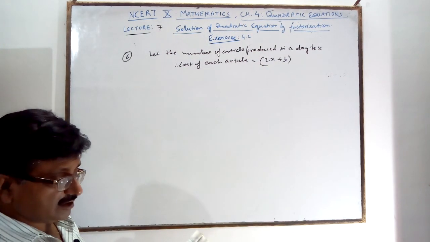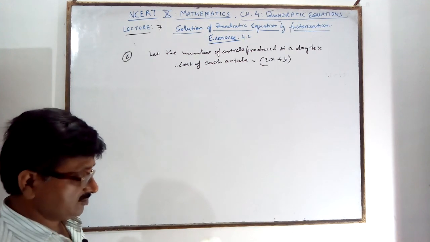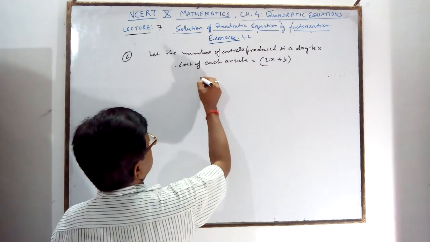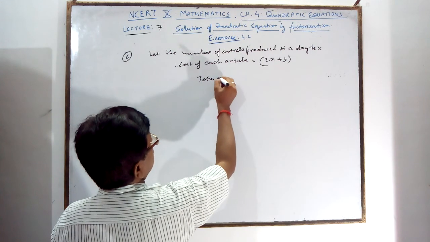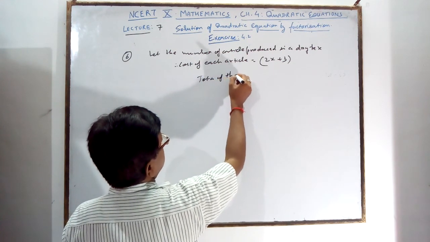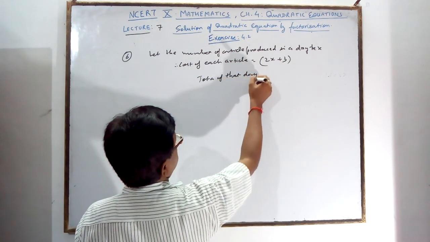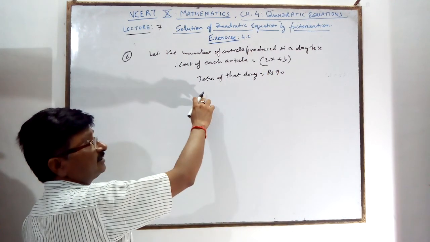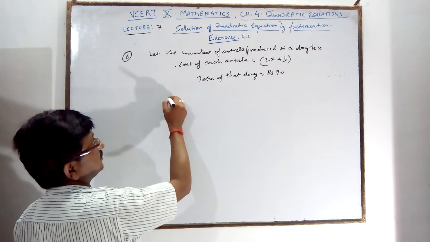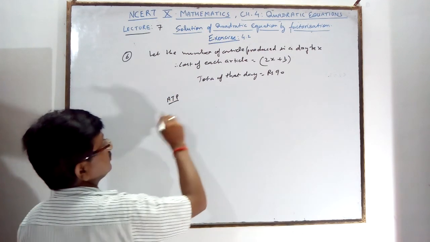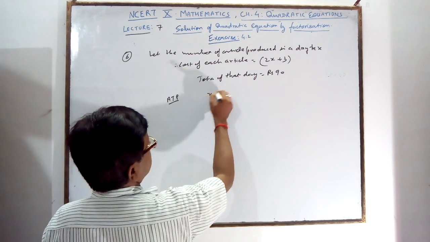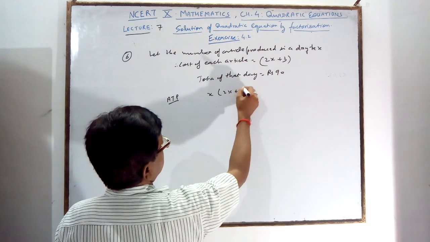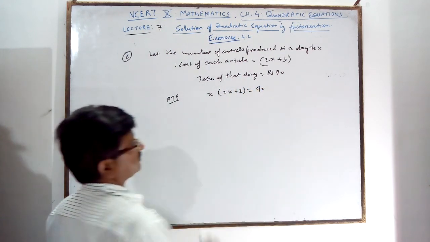If the total production cost on that day is rupees 90, it means number of articles into cost. So according to the problem, x multiplied by 2x plus 3 is equal to 90.